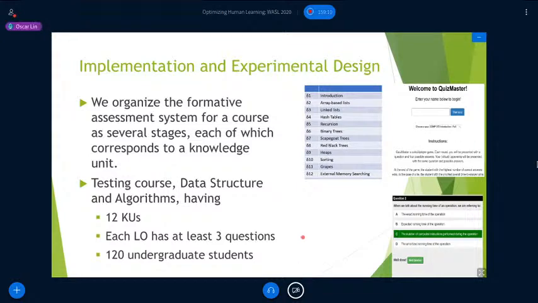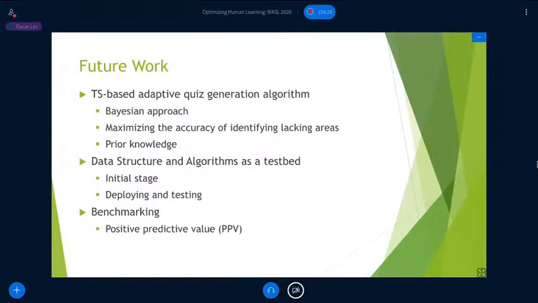Unfortunately, we don't have experimental results yet. For the future work, there is a lot of work, and we are still at the initial stage. There is a lot to do in developing, deploying, and testing to run the experiment. We feel Thompson sampling should work better than UCB because it's a Bayesian approach and can use prior knowledge and the student model.